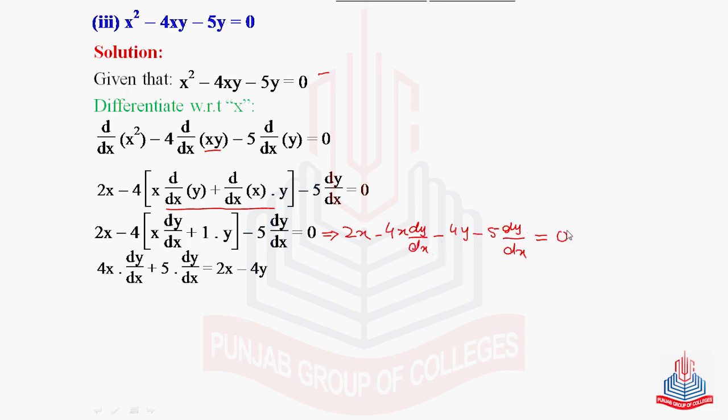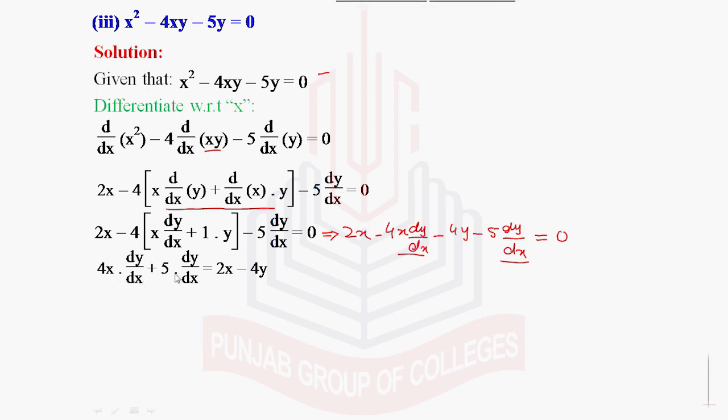We have to find the derivative dy by dx which is in two terms like this and this. First we shift it to the right hand side so that this will become a positive thing, minus 4x dy by dx and minus 5 dy by dx towards the right hand side, that will become a positive thing, 4x dy by dx plus 5 dy by dx.